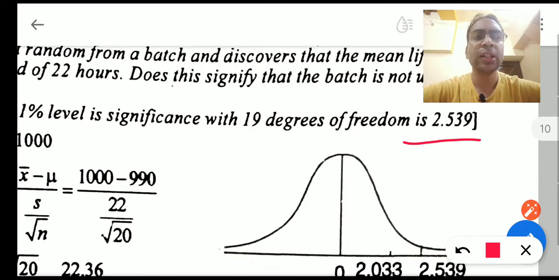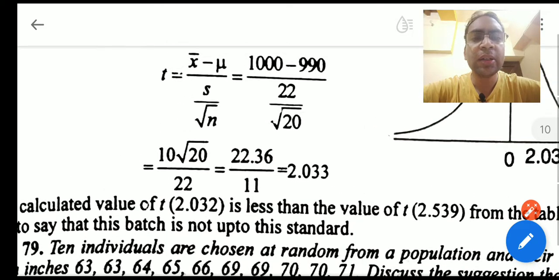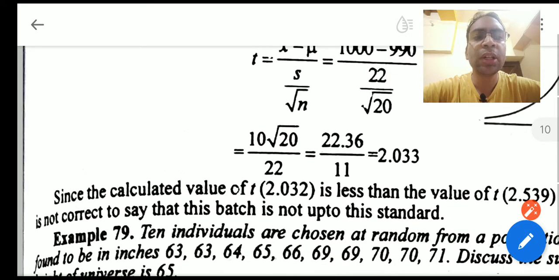The degrees of freedom is 19 because we have a sample of 20, one lesser than the sample size, and the standard value is given at 1% level of significance. So we need to compare our value with 2.539.